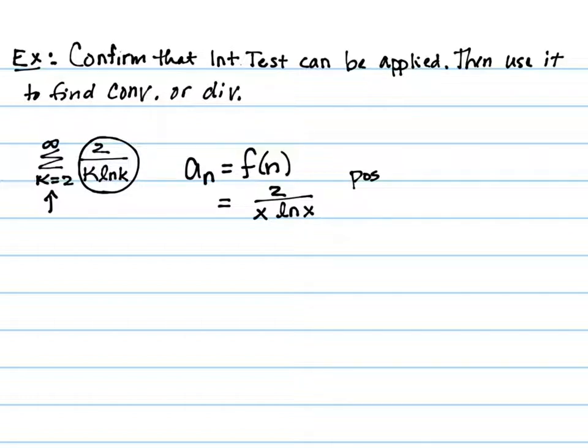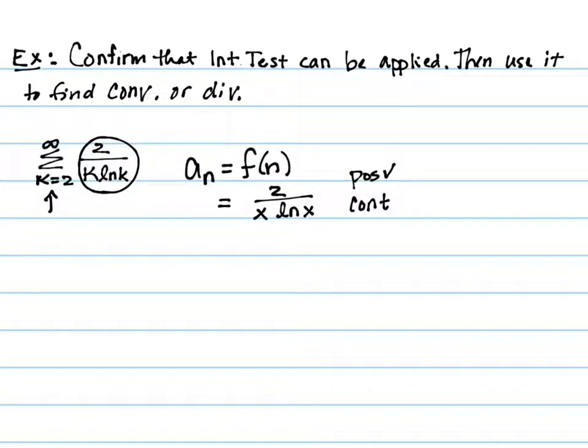The natural log of x when x is bigger than 1 is also positive. So this one is positive because all the pieces are positive. The second thing is to determine if it's continuous. Continuous functions have continuous pieces, right? So this is a rational function.